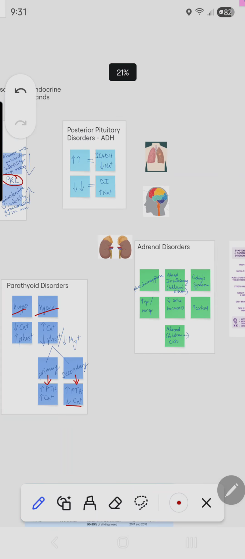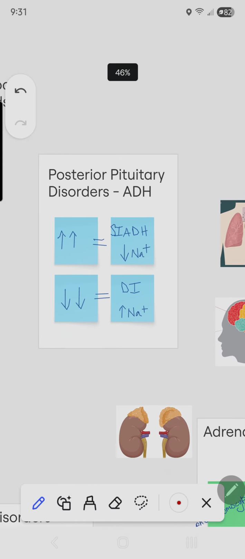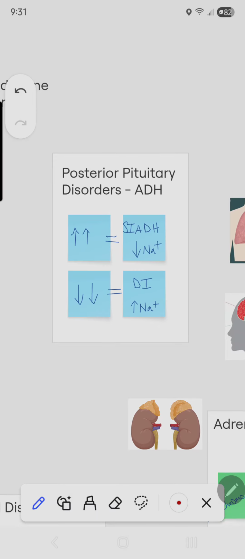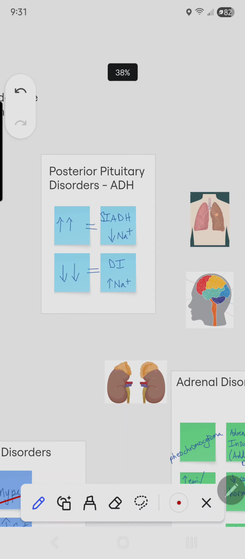In the posterior pituitary gland, we have a couple of disorders. If we have too much antidiuretic hormone, we get what's called syndrome of inappropriate antidiuretic hormone. This is a condition that can cause a very low sodium, which can have neurological effects like seizures that you would want to be aware of.